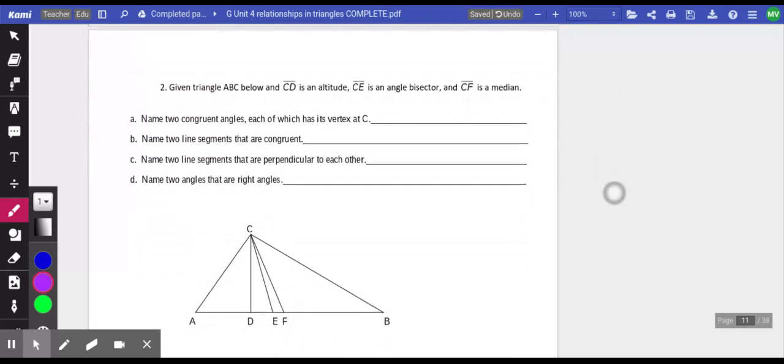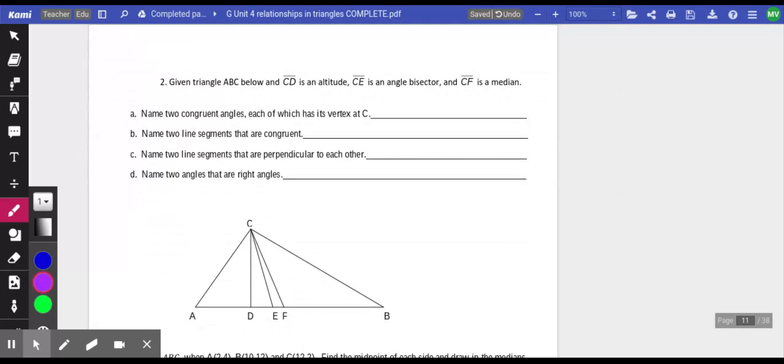Number 2, given a triangle ABC below, this one's much better. If I know CD is perpendicular, CE is the angle bisector, and CF is a median, what can we decide? Name two congruent angles with C as the vertex. If I'm talking about congruent angles, I'm looking for the angle bisector.